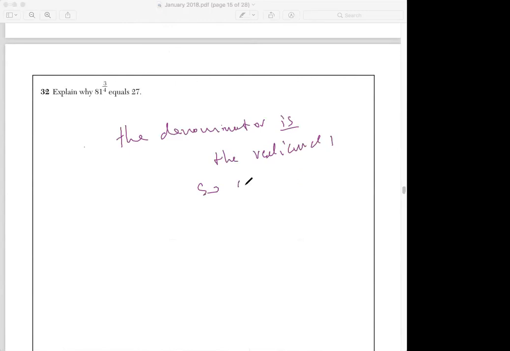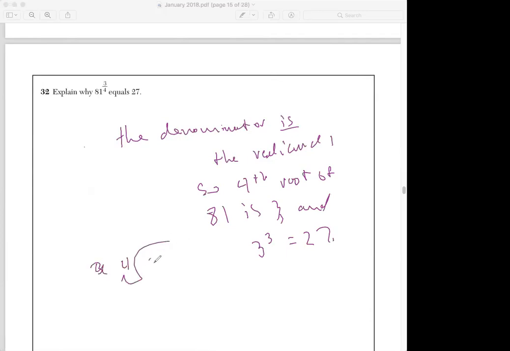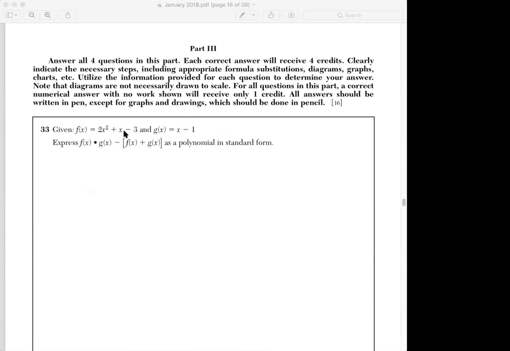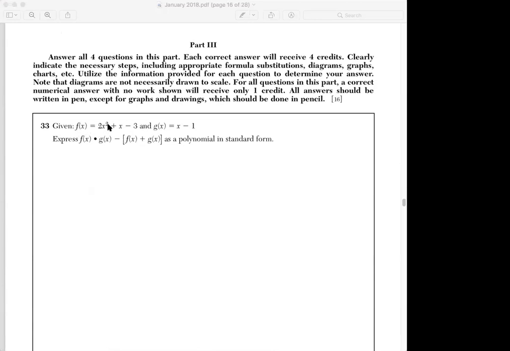So 4th root of 81 is 3, and 3 to the third equals 27. Throw this somewhere. This, just multiply this times this, do the addition.